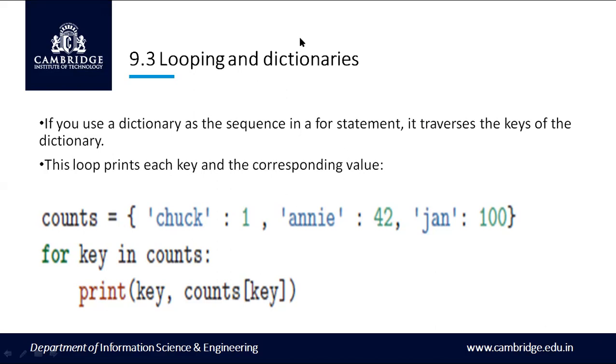Here in this example, this is our dictionary, counts, which has 3 key value pairs. When we use the for loop, key is the iteration variable and this is the dictionary. The key traverses through each key value pair and returns the key and the count of that key. So counts of key is this value, and key and value will be printed.